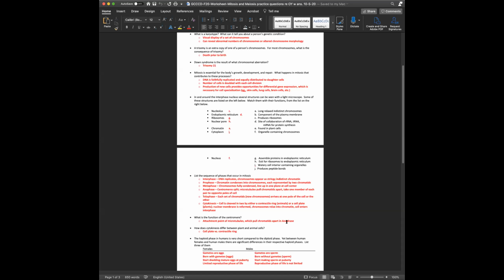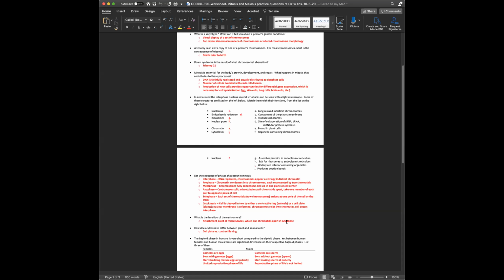Another point that I emphasized is haploidy in humans. And one point that's important to keep in mind is that the haploid phase in humans is not prominent. And in terms of time, it can be very short. So meiosis occurs, and you get these haploid cells.